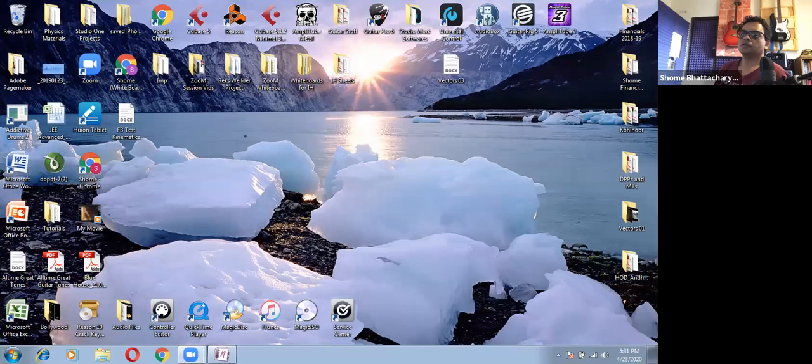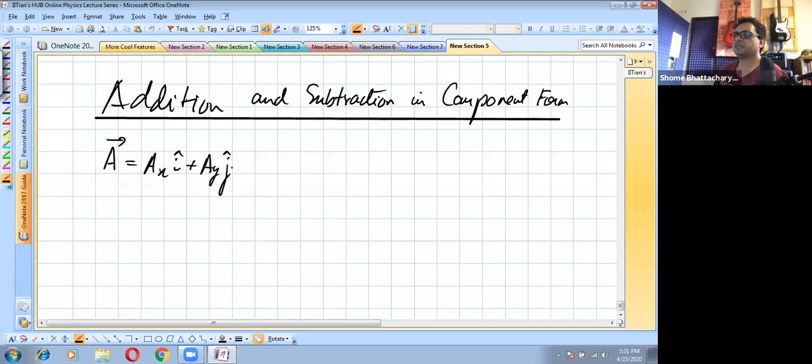Alright. So Ax I cap plus Ay j cap. Okay, this is there, and given another vector B in component form, so it is Bx I cap plus By j cap. Now we want to find out the vector A plus B in component form. So what you do is you've expressed A as this, your equation 1, you've expressed B as this, your equation 2.